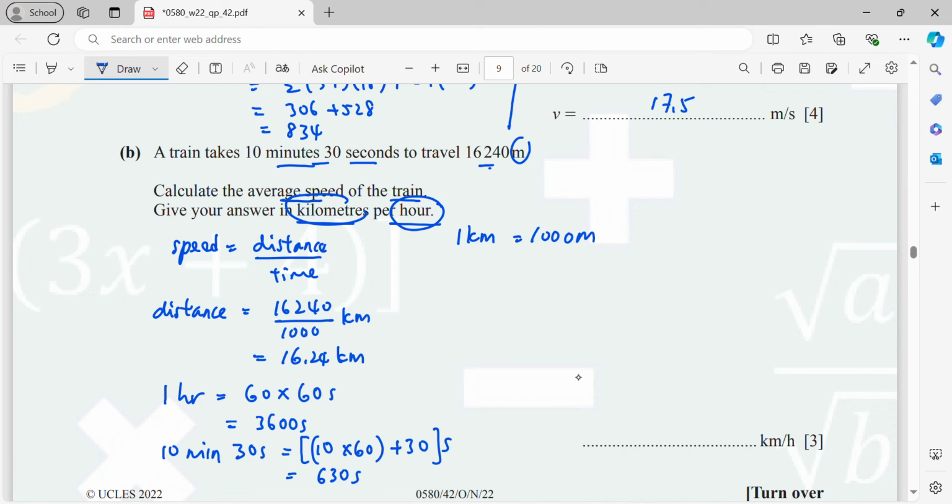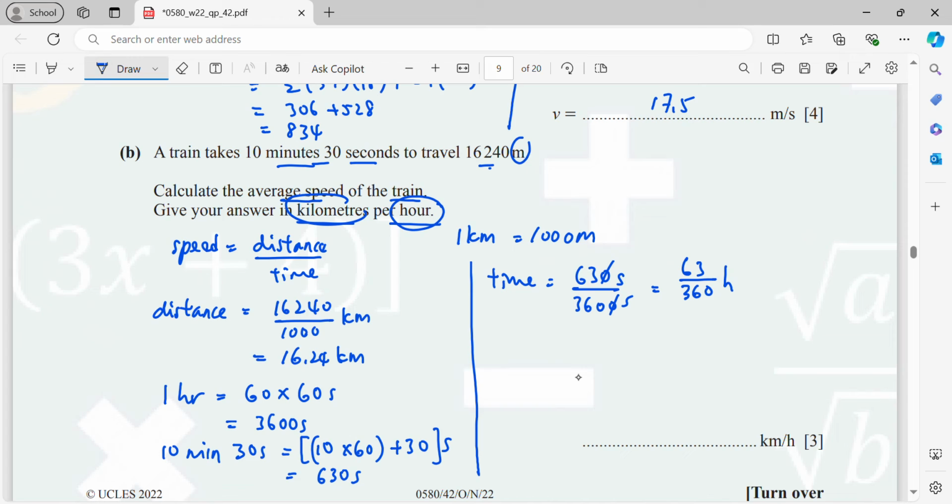So to get the average speed, I can write my time equals 630 over 3,600 seconds. That means, I cancel off, 63 over 360 hour.